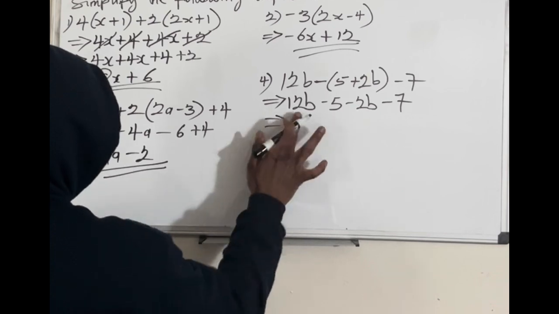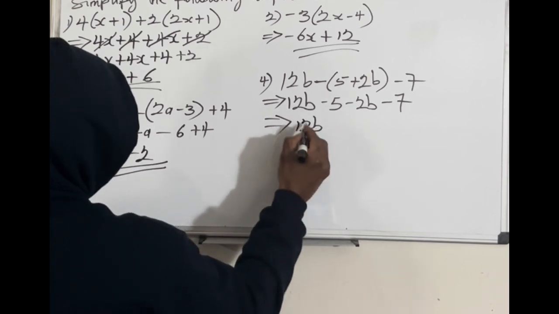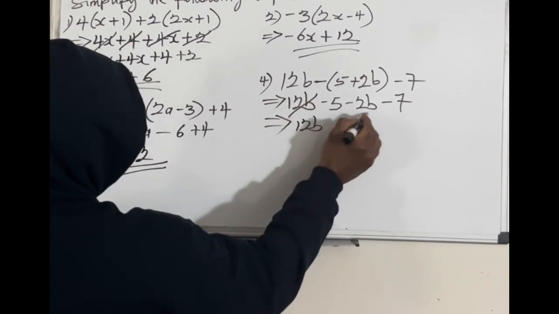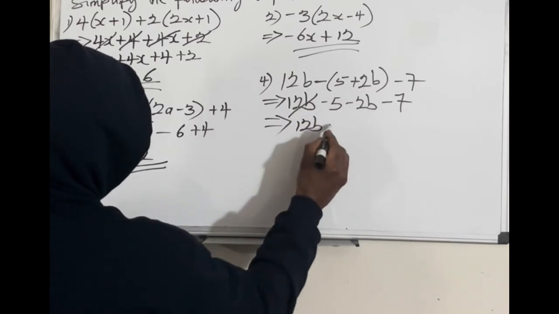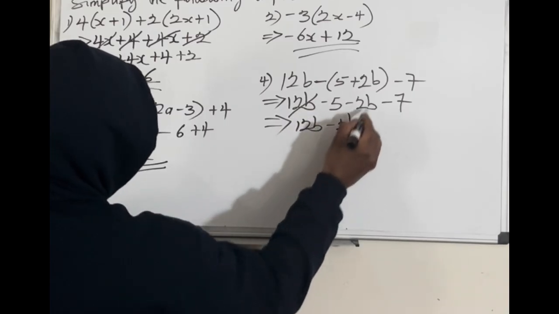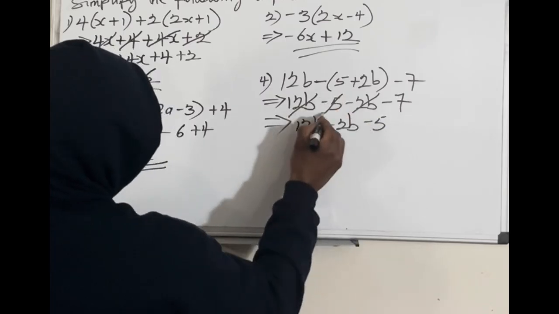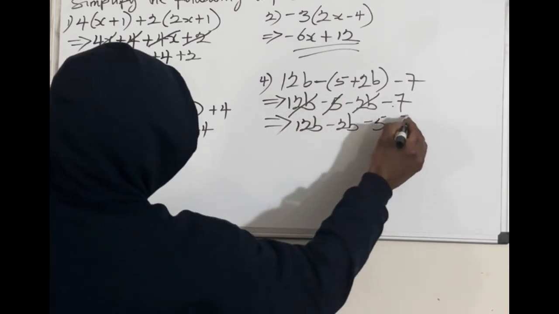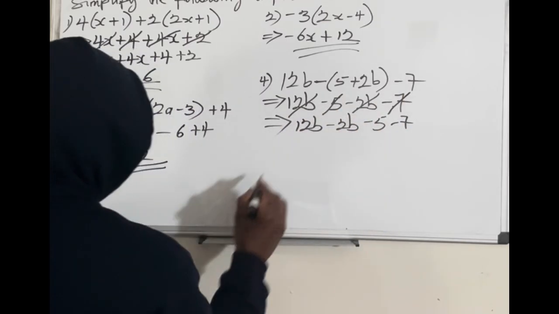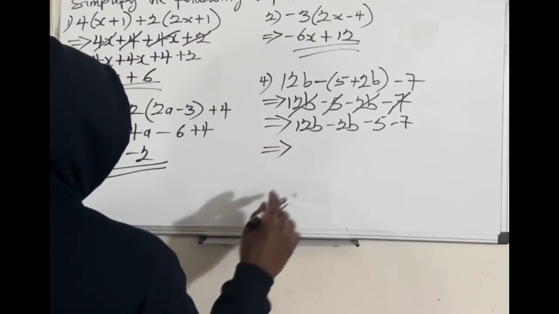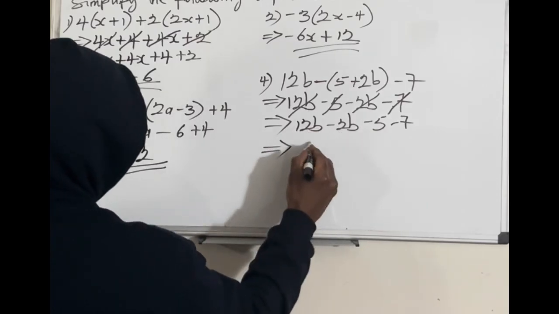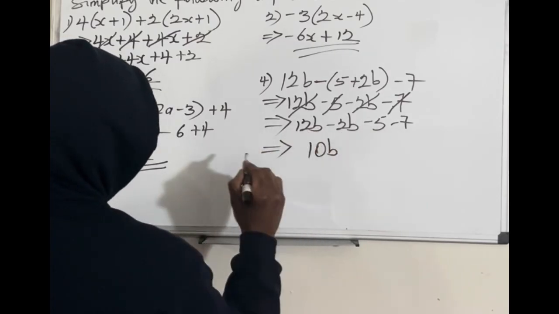Let's group like terms. 12b, there is minus attached to it, so minus 2b, minus 5, minus 7. Finally, let's subtract. We got what? 10b.